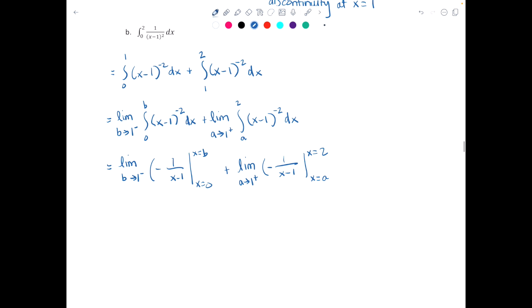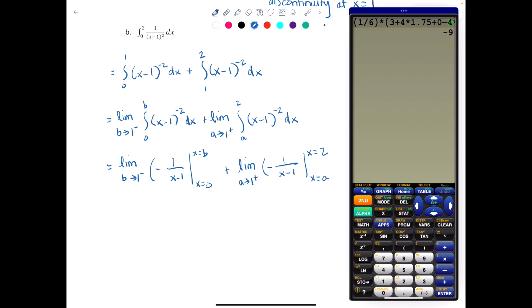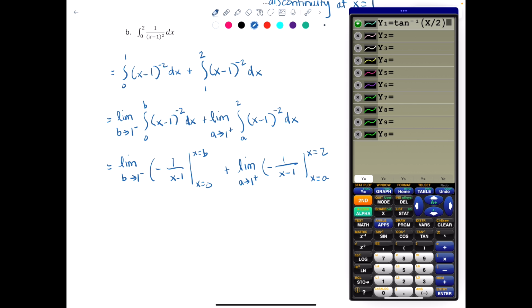So now, here we go. This will be, with direct substitution, actually I won't directly substitute. Let's look at the graph, and then we'll find the limit graphically. So we'll clear that out, we'll go to our y equals, and then we're graphing negative 1 divided by x minus 1.